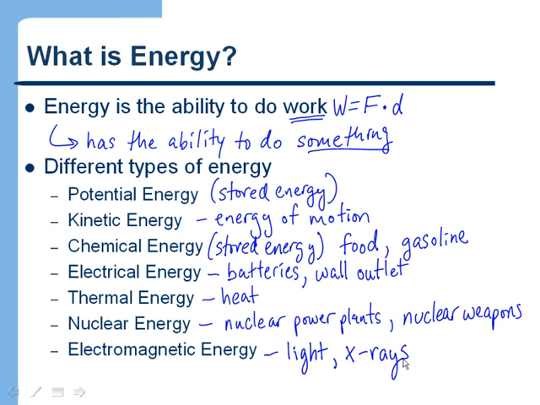So electromagnetic energy is the energy that's carried by electromagnetic waves, and one example of that is light, and another is X-rays. So if you think about it, essentially all of the energy that we have here on Earth ultimately came from the sun, and the way it got here was in the form of electromagnetic energy.